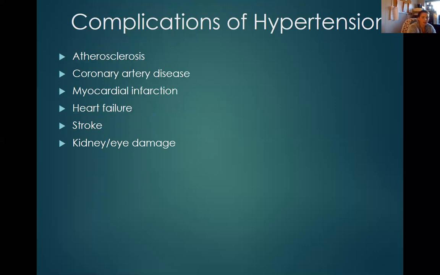So some of the complications of hypertension that we discussed and will continue to discuss over the next couple of days and even weeks as we use this cardiac information in some of our other courses is atherosclerosis, the hardening and thickening of those vessels, the coronary artery disease.